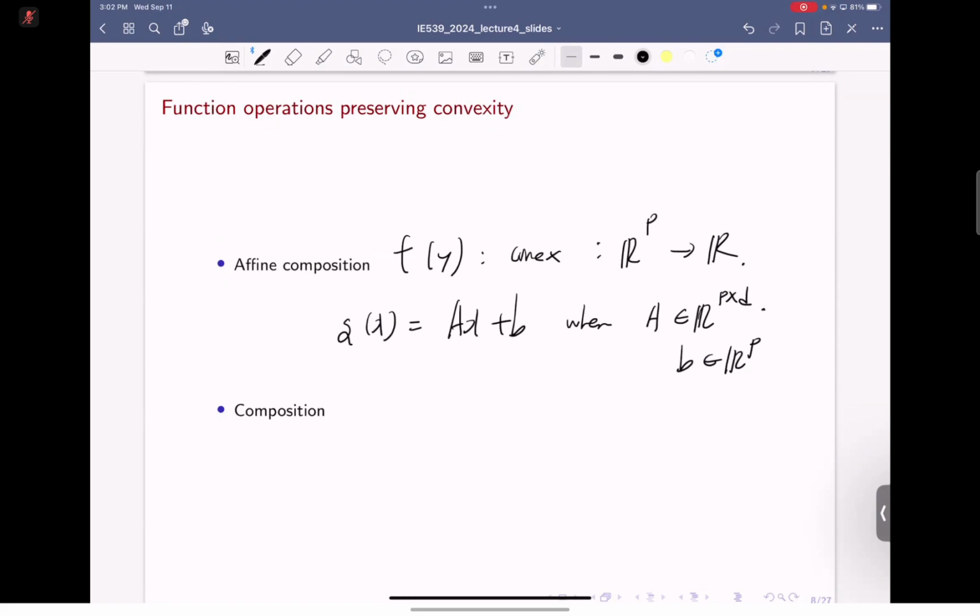Now f of g(x), or f of Ax plus b, is a convex function. So you are taking an affine mapping first, and then applying the function, and you get a convex function. And in general, if you have two convex functions, f and g, the sum is convex, and you still get a convex function.